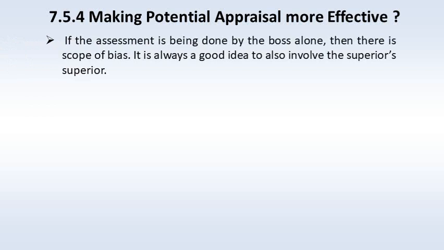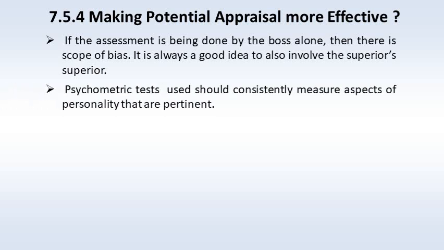If the assessment is being done by the boss alone, then there is scope of bias. It is always a good idea to also involve the superior. Psychometric tests used should consistently measure aspects of personality that are pertinent or relevant.